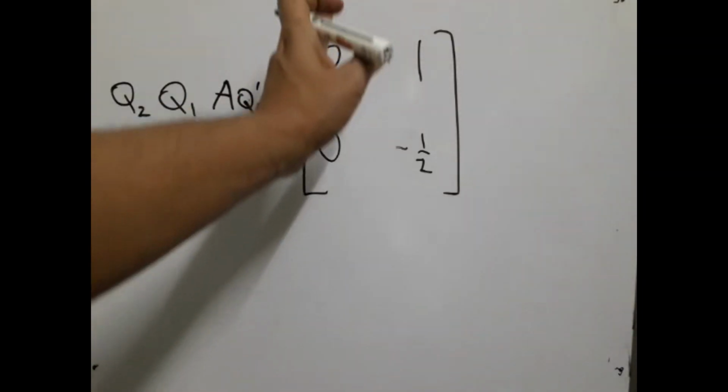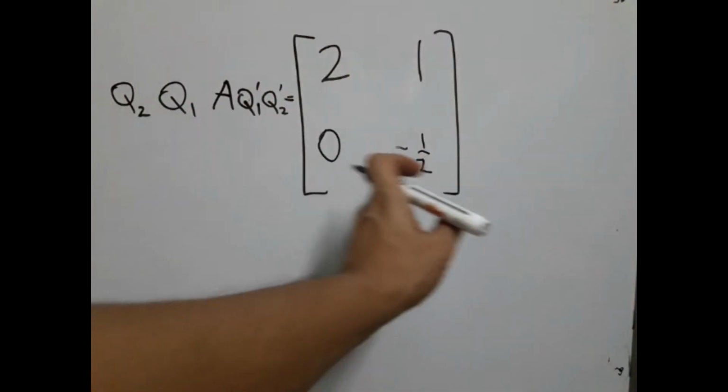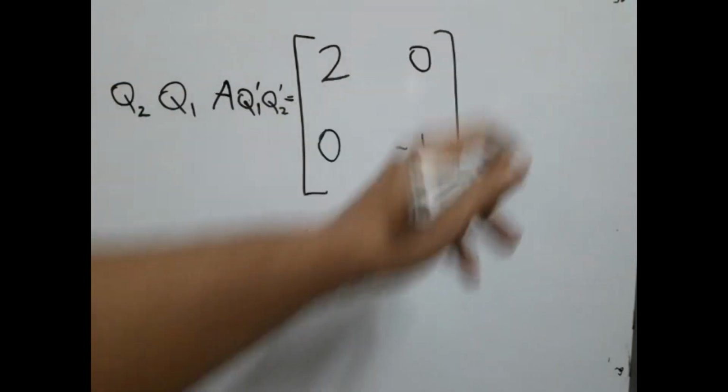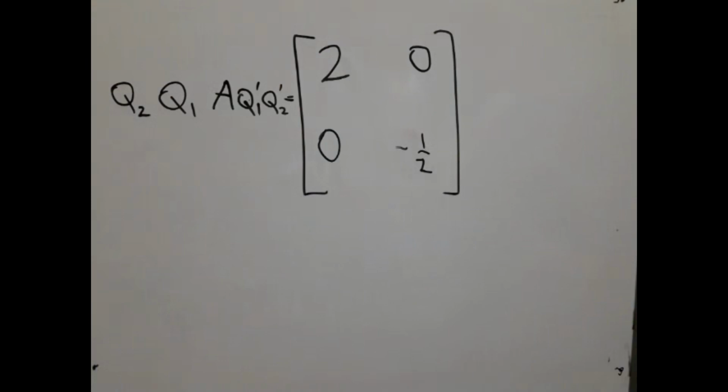I will subtract half of this from this. There is no work, so I basically turn it into 0, and I am done, and I have made it into a diagonal matrix.